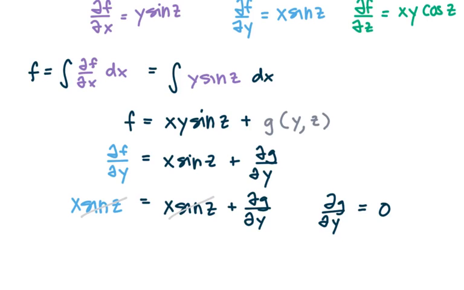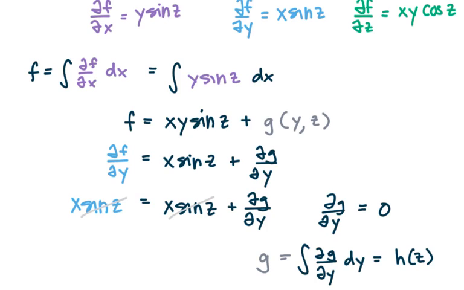Now, if I integrate that partial g with respect to y, with respect to y, the integral of 0 gives us a constant. And of course, we haven't dealt with z yet, so this constant could be a function of z. So when I integrated this derivative, I got that original function.